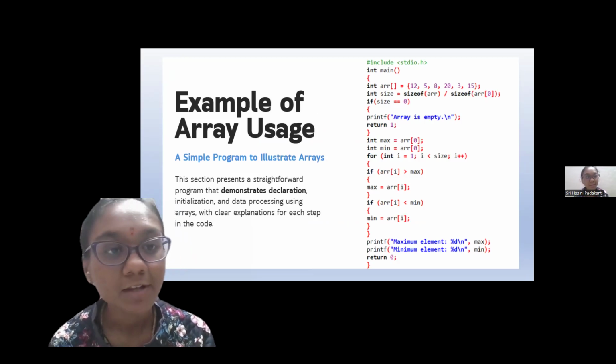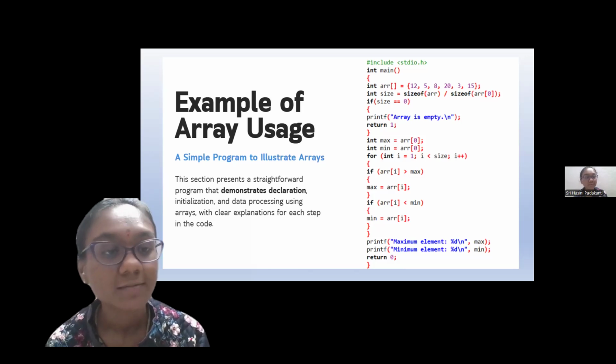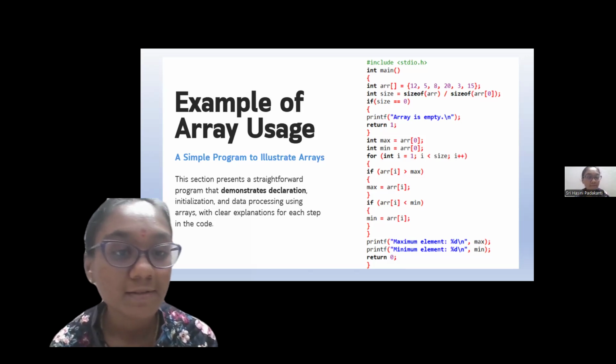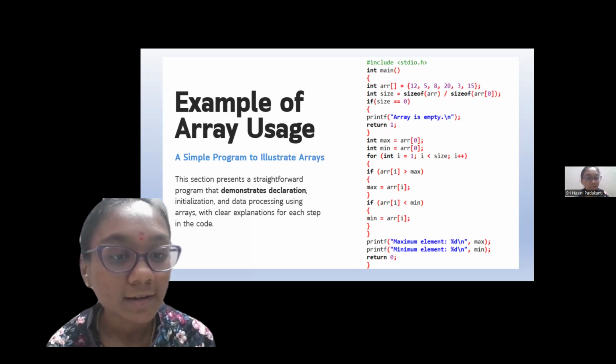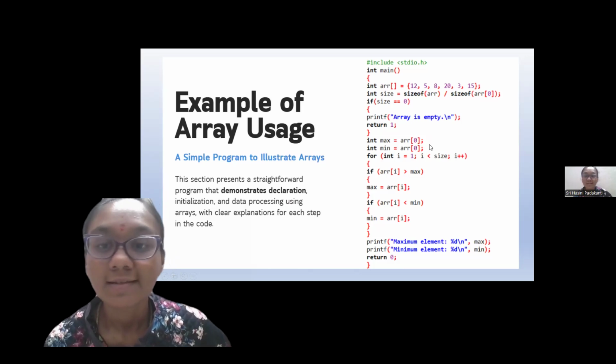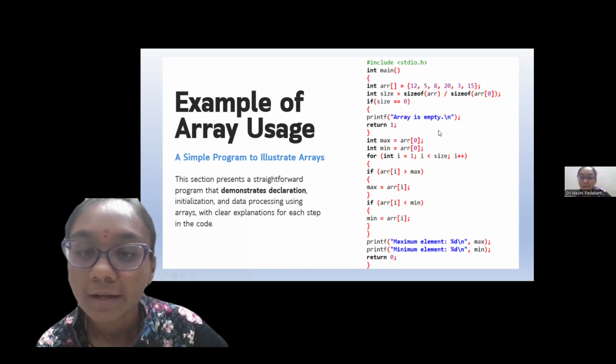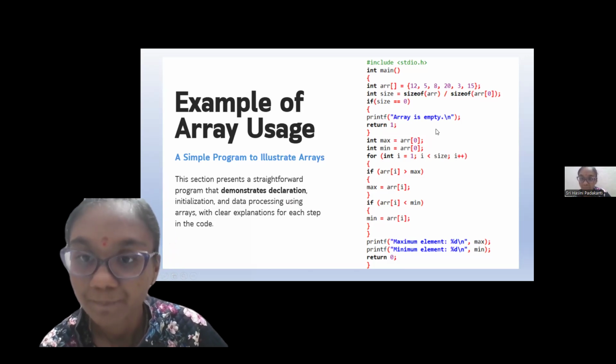Let's see a simple example usage of an array. Array has so many applications. We can create so many programs in real time. Here, there is a simple program for the array example for printing maximum and minimum.